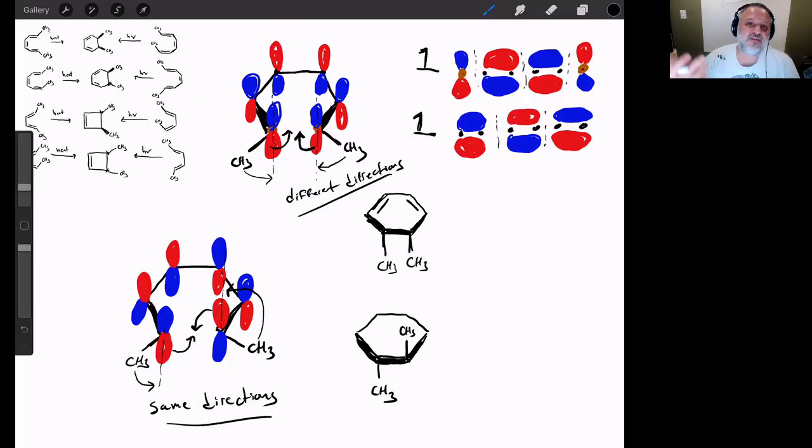And so at the end of the day, the stereochemistry is explained by which orbitals are the frontier orbitals that are forming the sigma bond, whether it's this set of orbitals or this set of orbitals.